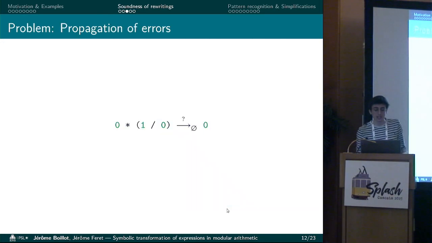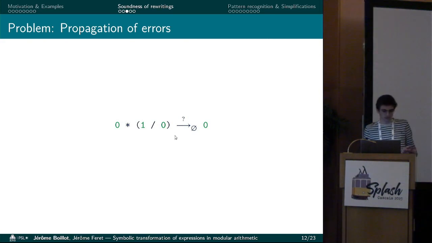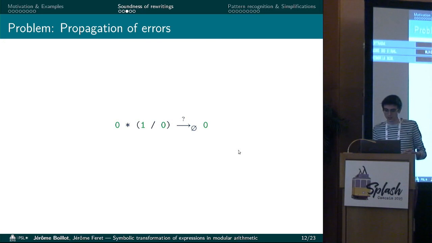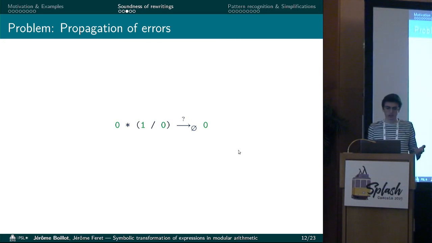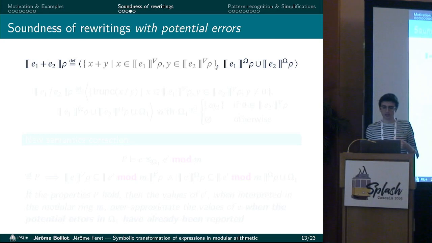The problem is, we would like to rewrite E times 1 divided by 0 as just 0. But is it possible? Of course not, because we would miss the division by 0 error. So what we do is first to enhance our syntax, our semantics. We had this expression for the semantics, and we will add a second term that will be the potential errors.